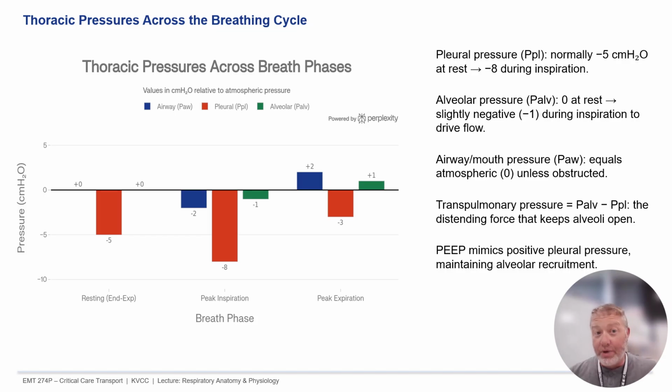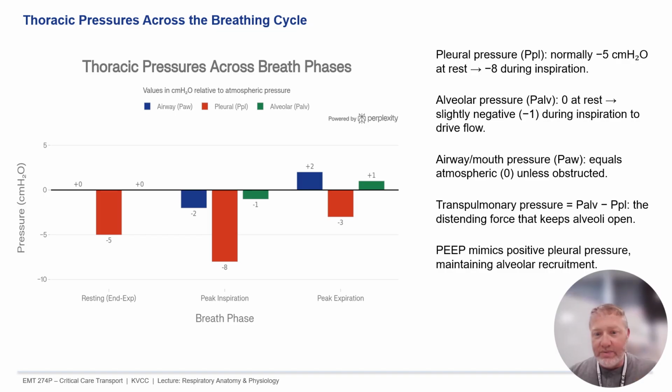When pleural pressure rises, as in tension pneumothorax, things like that, where air accumulates in the pleural space, the lung collapses because the transmural pressure gradient is lost. When I add PEEP on a ventilator, I'm increasing alveolar pressure at end expiration to prevent alveolar collapse and maintain gas exchange.